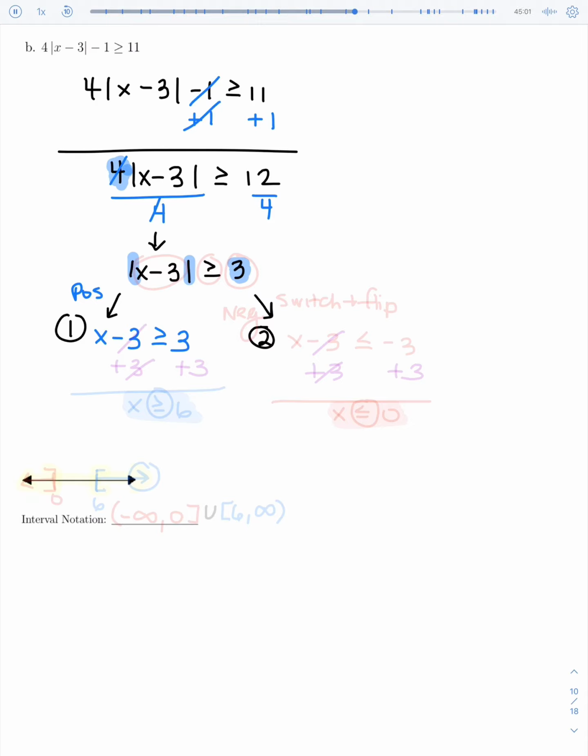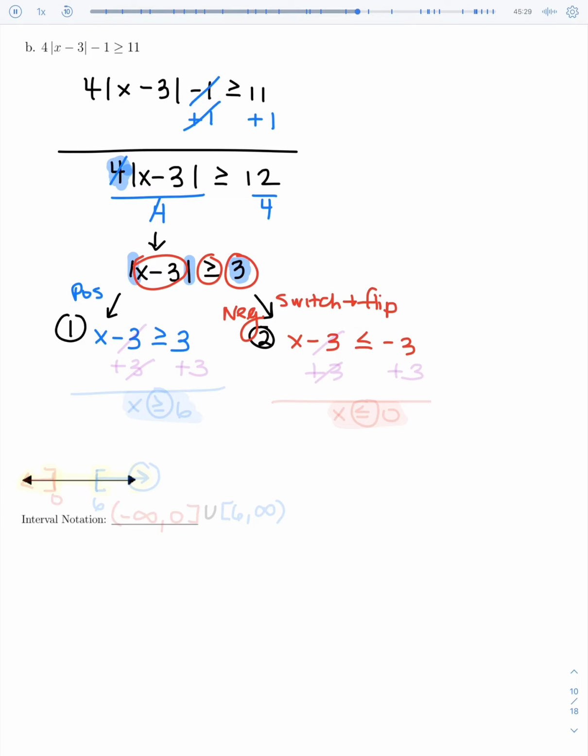However, when we do our negative version, you still have a part that's going to stay the same. That's what's inside of your absolute value. The x minus 3 will stay the same. Our number on the other side, though, will become negative 3. And remember, when we start throwing around negatives, we flip the direction of the inequality, so it'll be less than or equal to now. Remember, we're switching the signs and flipping the direction of the inequality.